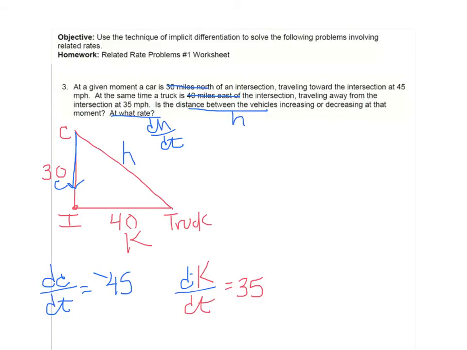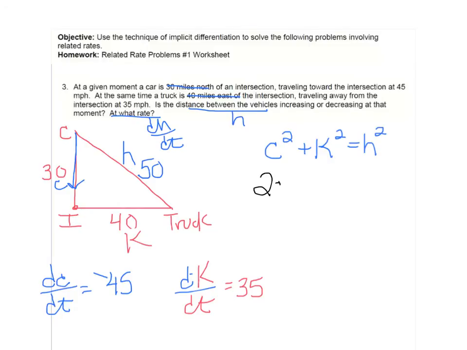Well, we can find h by using the Pythagorean theorem. 30, 40, so actually it's a 3, 4, 5 triangle, so that's going to be 50. And if I relate my variables, c squared plus k squared equals h squared. And the reason I'm going to leave this as a variable now, as compared to number 2, is we want the rate of h. So I need a dh/dt in my equation once I take the derivative.